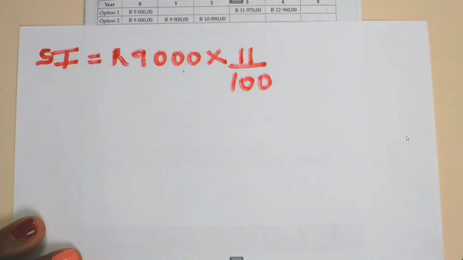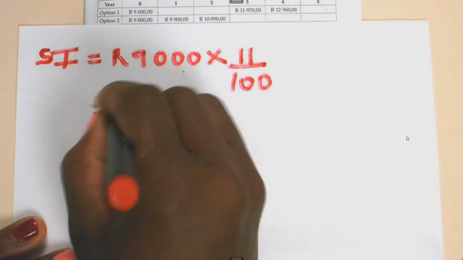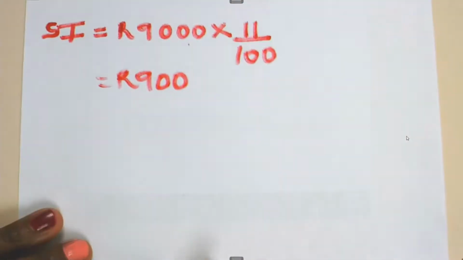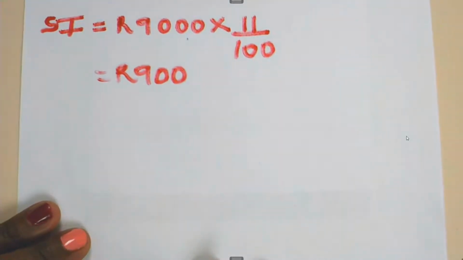So we can multiply by 1, or you can not just multiply by 1, because anything multiplied by 1 is the same thing. So we have 9,000, we multiply it by 11 over 100, or 0.11, and at the end of the day, we accumulate 900 rand. Meaning that during the first year, the amount of money accumulated will be 900 rand.